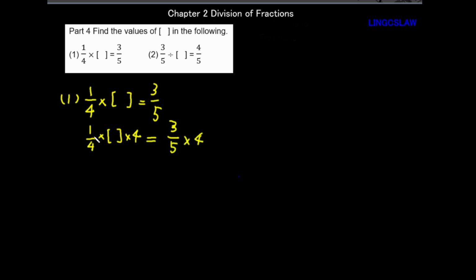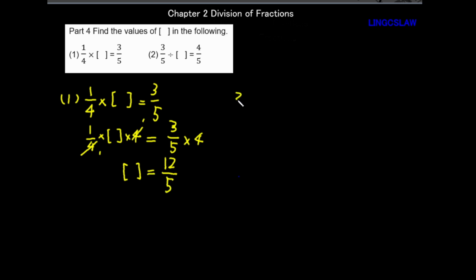Okay, now we can reduce it to 1. So the number in the bracket is 12/5.